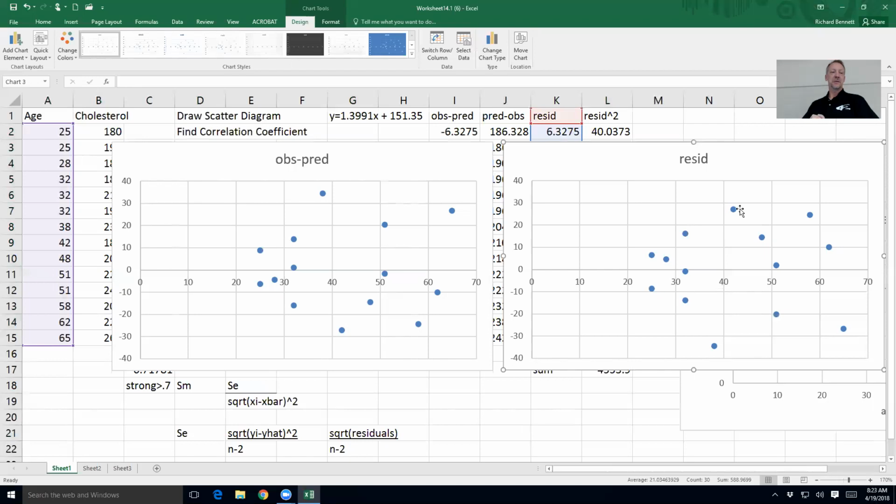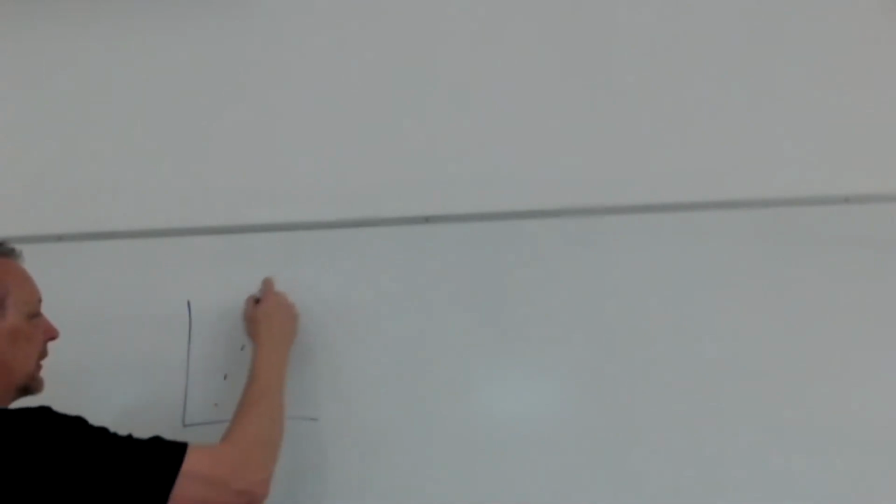Now, just for fun, let me draw a picture here. I remember, and it might have been on the last test, doing a problem in which we had a plot that looked something like this.